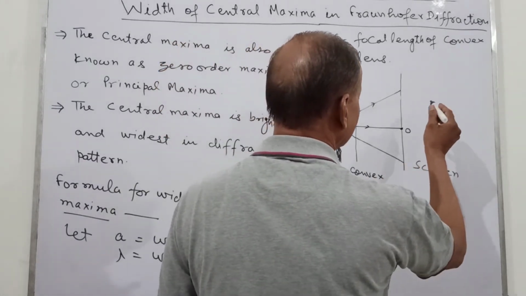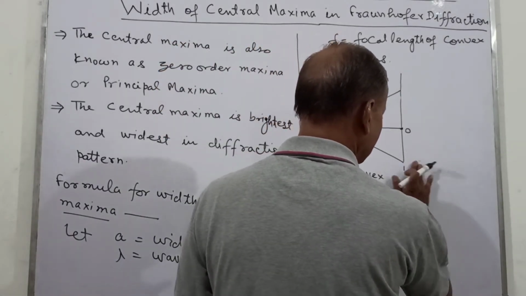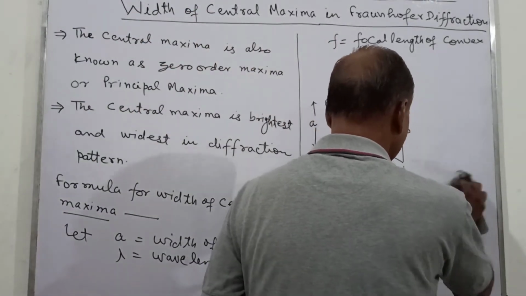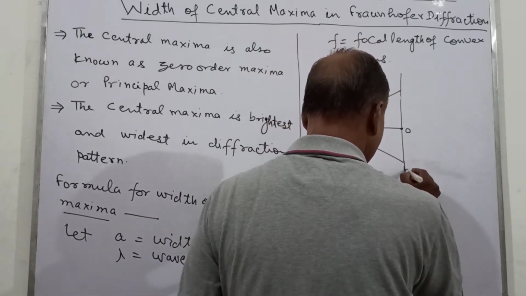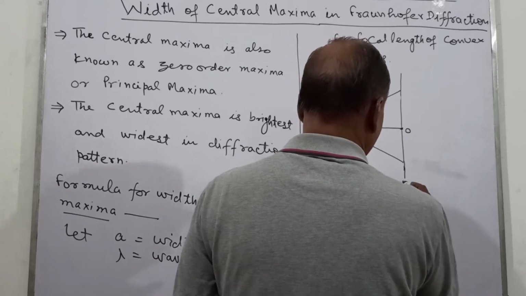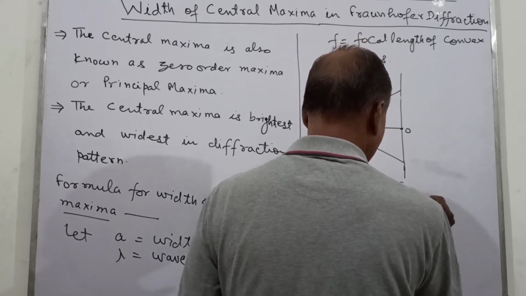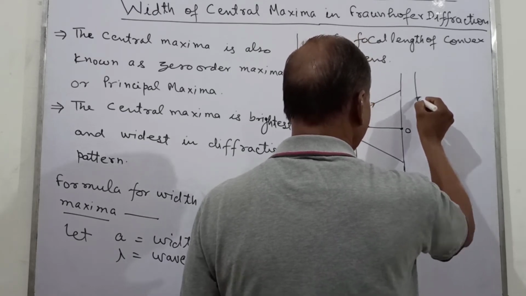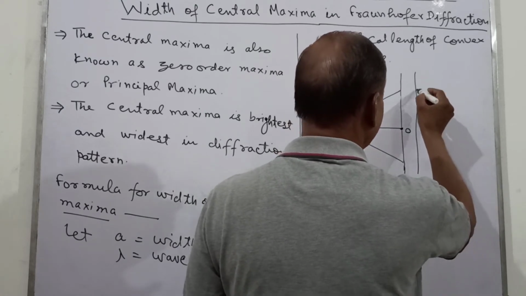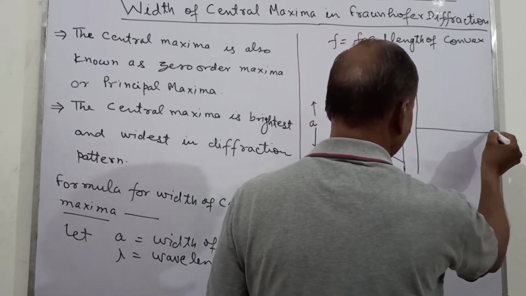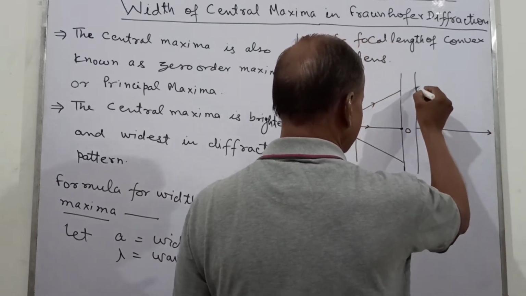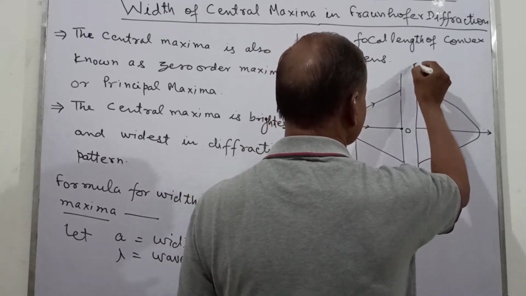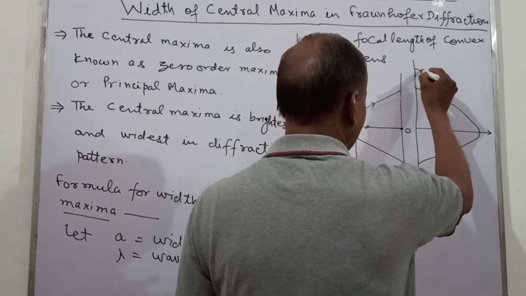Here I take the intensity, then this is the central maximum, and then the remaining are like this.